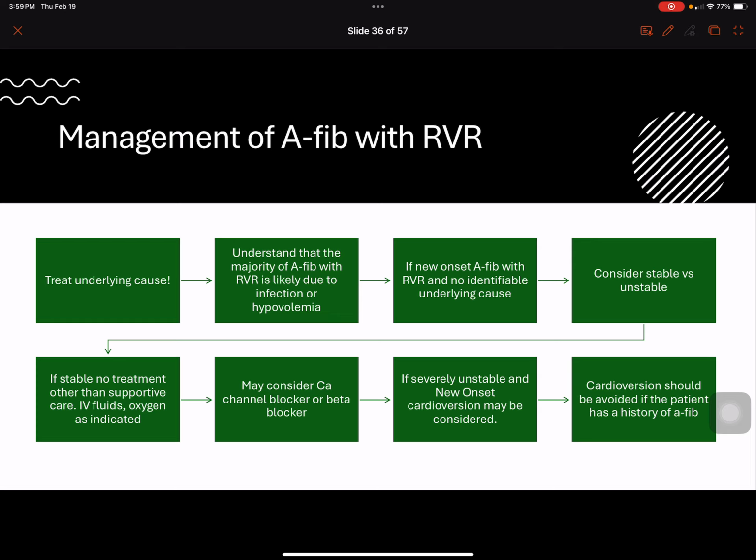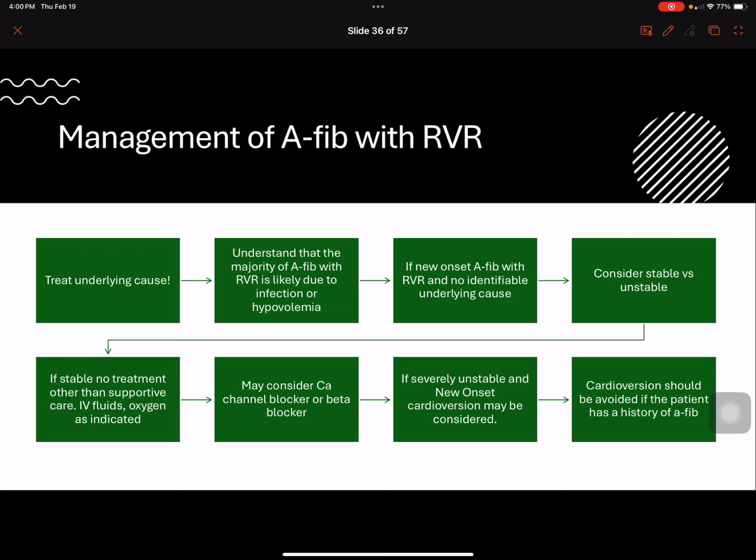If they're unstable, it's new onset or they're anticoagulated patients, meaning they're on some sort of anticoagulant, we can consider cardioversion for these patients. If the patient is not anticoagulated and they've been in AFib for longer than 48 hours, we need to be careful with cardioversion because we could increase the risk of stroke by causing those clots that have formed to get shot out into the aorta and up into the carotid arteries.